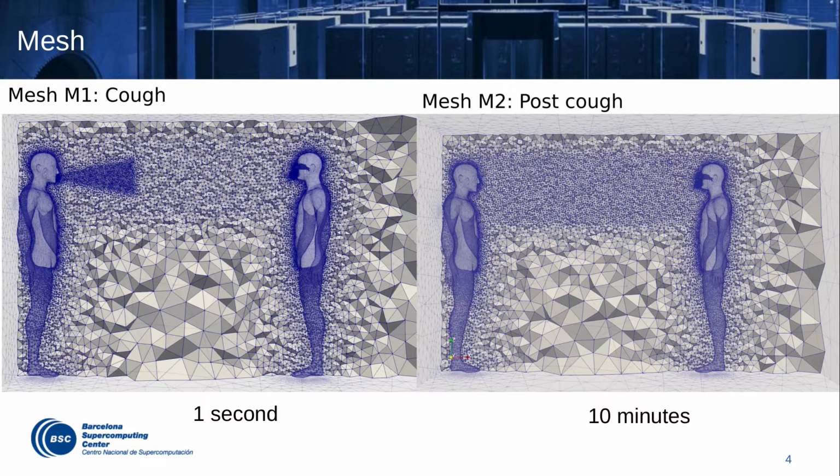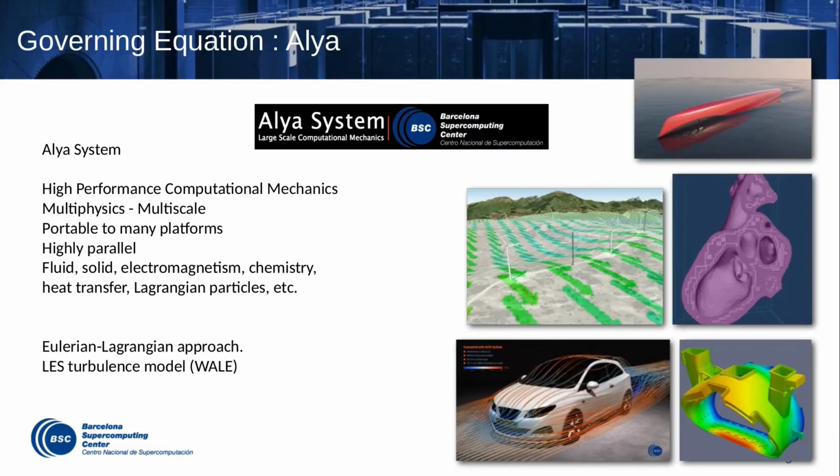So to resolve these equations, we use the in-house code that we develop here at the Barcelona Supercomputing Center. It's called Alya. It's a high performance computational mechanics code. It is multi-physics, multi-scale, portable to many platforms, and highly parallel because it was designed from scratch to run on supercomputers.